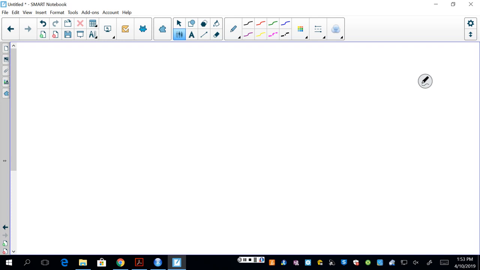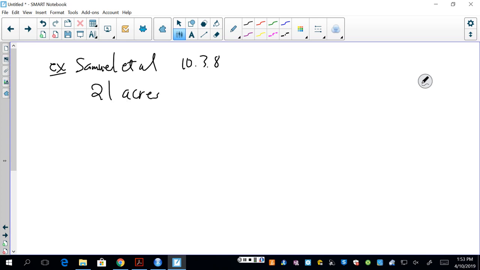So here's an example from Samuels et al.'s book. It's their problem 10.3.8. The data, there are 21 acres in a study. They identify 144 different quadrants.